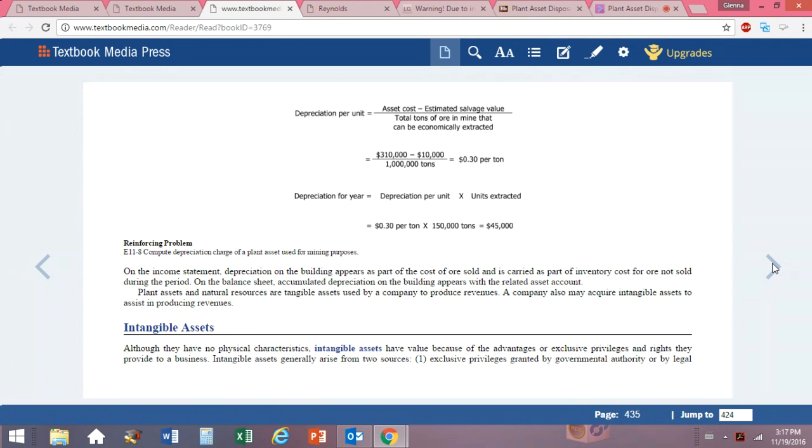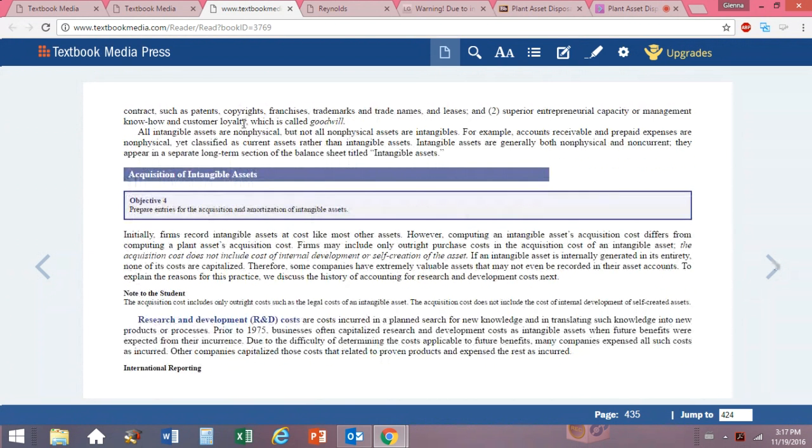But it looked too much like the other company's phone, so Samsung had to pay millions and millions for trademark infringements. But intangibles are exclusive privileges granted by the government or authority or by legal contracts such as patents, copyrights, franchises, trademarks, trade names, and leases, and superior entrepreneurial capacity or management know-how and customer loyalty, which is called goodwill.